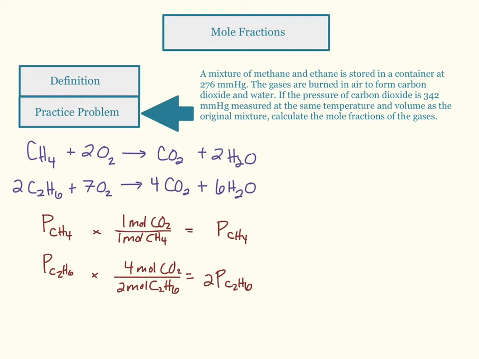This means that the pressure of CO2 directly from the methane source is going to be the same partial pressure as it started with, and that the pressure of CO2 from the ethane source is actually going to be twice as much as it originally started at.